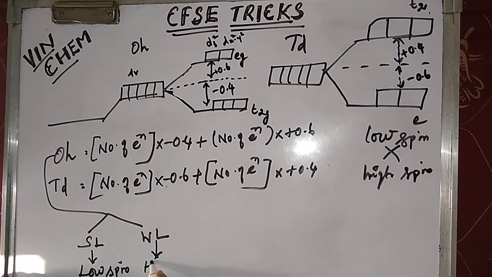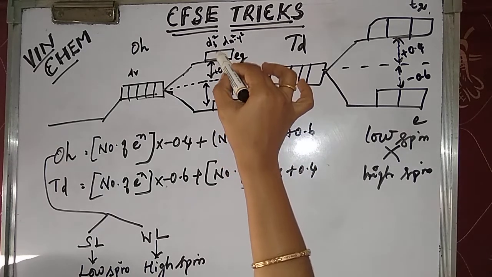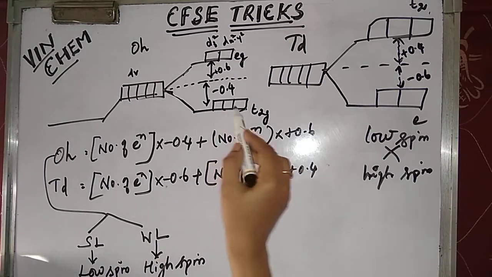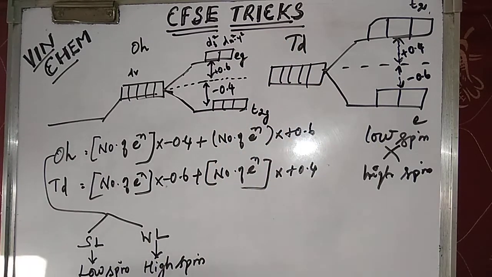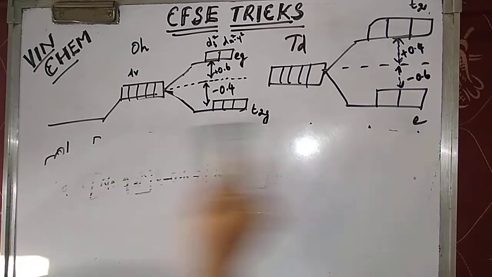A weak ligand gives high spin, that is, the pairing will not take place. After the completion of 3 electrons, it moves to high spin. High spin means it moves to the next orbital. If it is low spin, again pairing takes place. That is the difference between these. How we select depends on the strong ligand and weak ligand. Which one is a strong ligand and which one is a weak ligand, that also we will see.